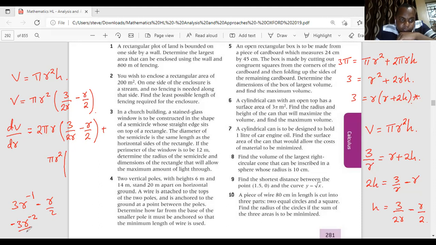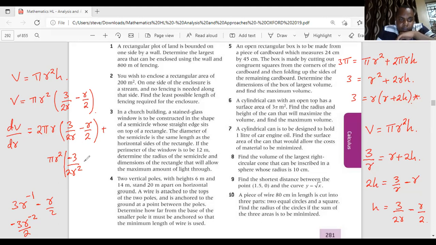Oh, yeah. So there is a 2 down below. So it's going to be -3 over 2r squared. Okay, like this. And then the second one?